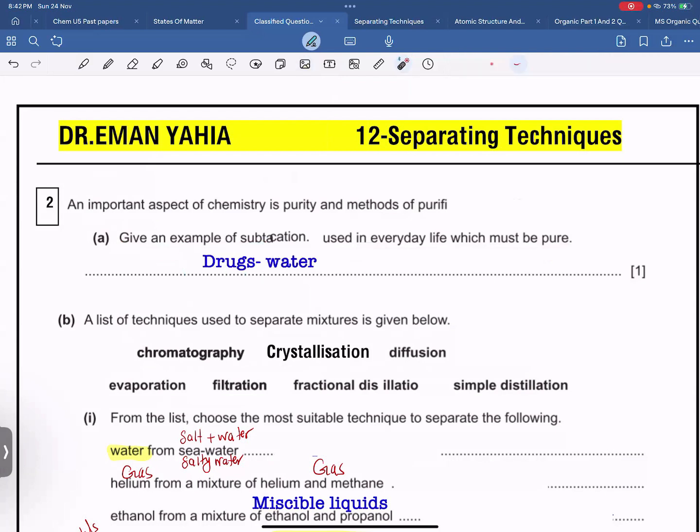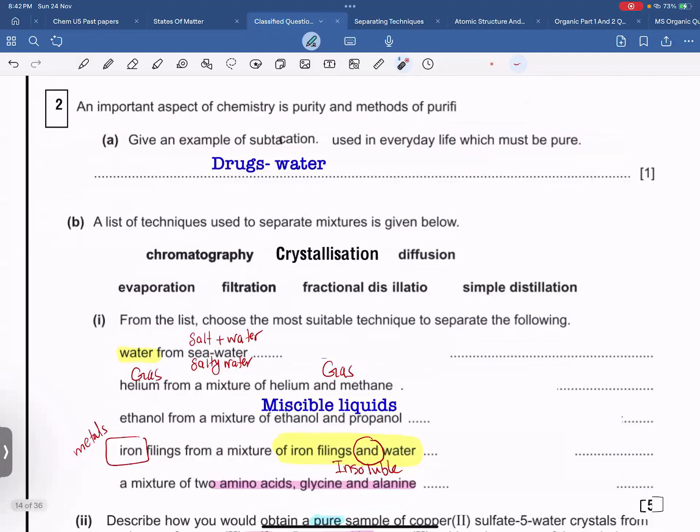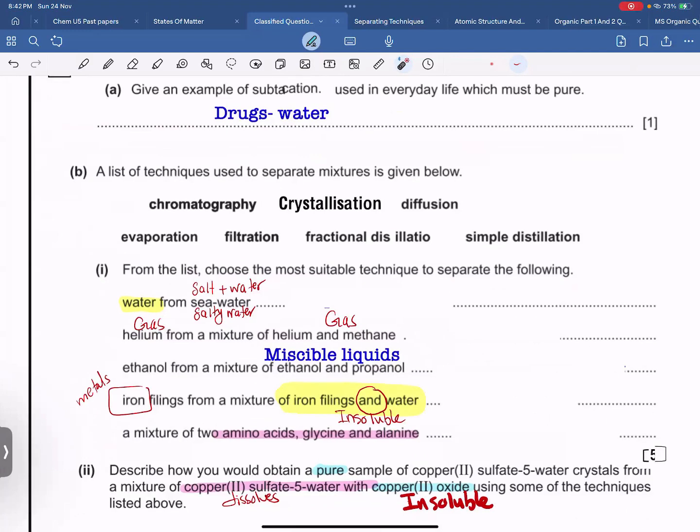Must be pure, like water, like drug. Then, the list of techniques used to separate mixture is given below: chromatography, crystallization, diffusion, evaporation, filtration, fractional distillation, and simple distillation. From the list, choose the most suitable technique to separate the following.